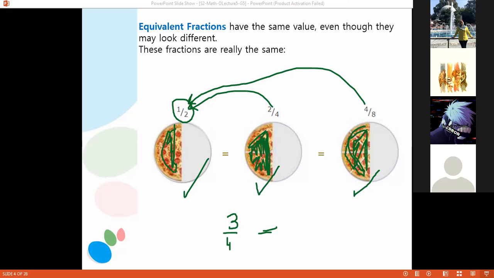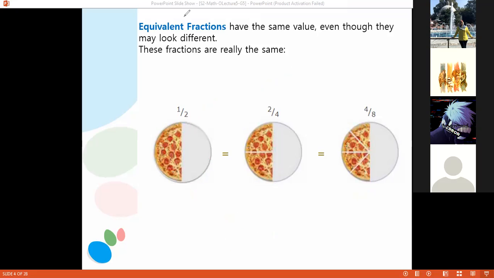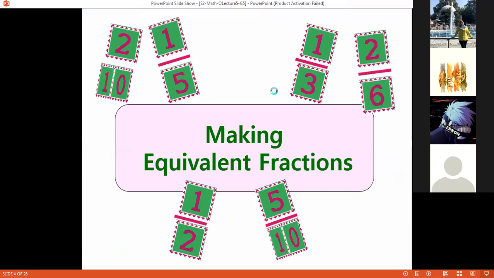Deal? There are actually two ways to find equivalent fractions. Today I'm going to start with the first one, which is to multiply to make equivalent fractions.